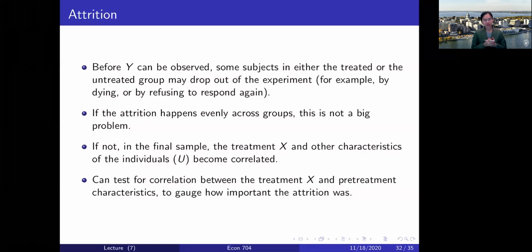But for the people who didn't receive the voucher, when they move, they don't have to report to the government. So when they move, it's more likely that they are lost. So if that's the case, then attrition could be different across groups. Treatment could be affecting attrition. If treatment is affecting attrition, then treatment could become correlated with the pre-treatment variables.